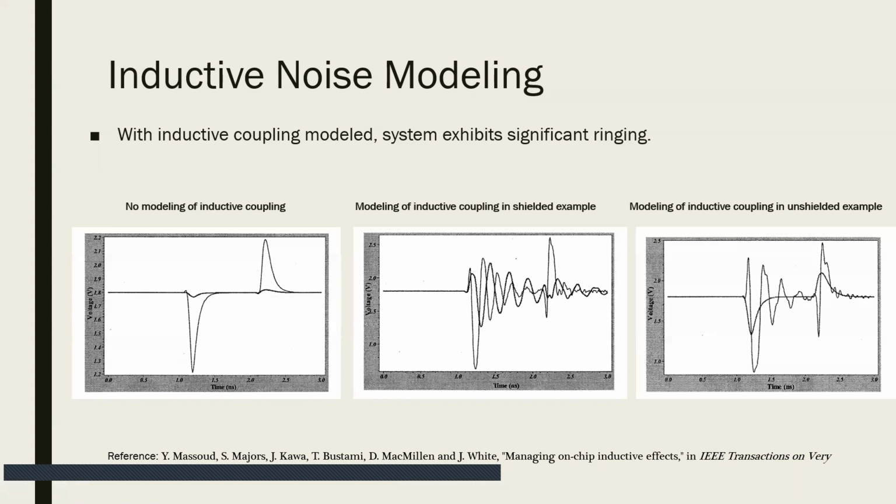With the modeling of inductive coupling, in both the shielded and unshielded examples, there are more ringing and ripples on the plot. So with inductive coupling modeled, the system exhibits significant ringing.